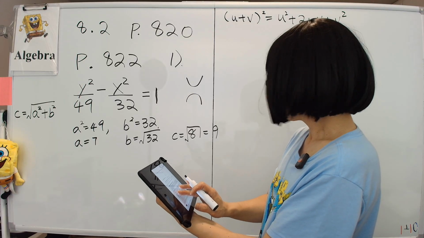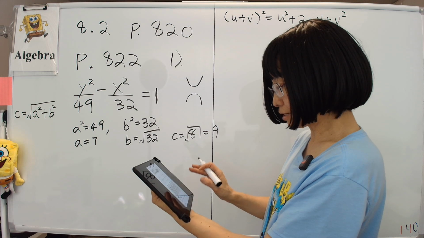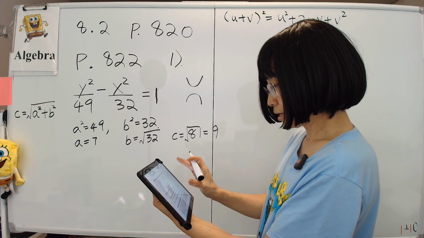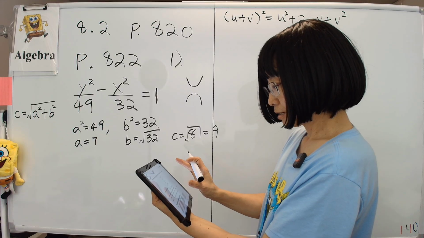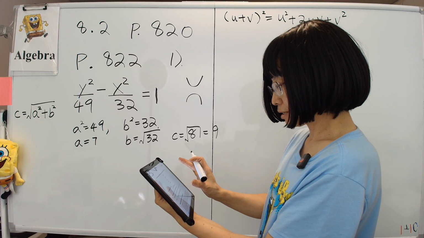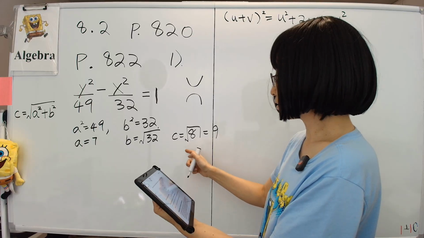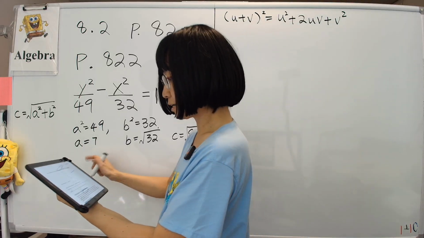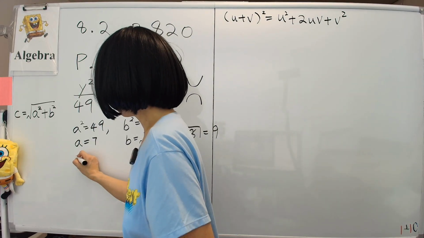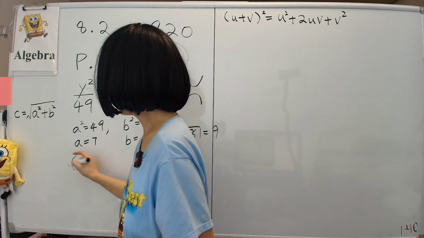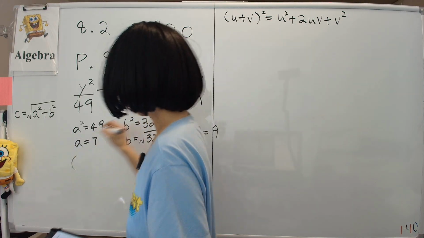Seriously? I guess that's all they want. Anyway, the vertices are located, a is 7, and being that it's a vertical one, the main axis is vertical.